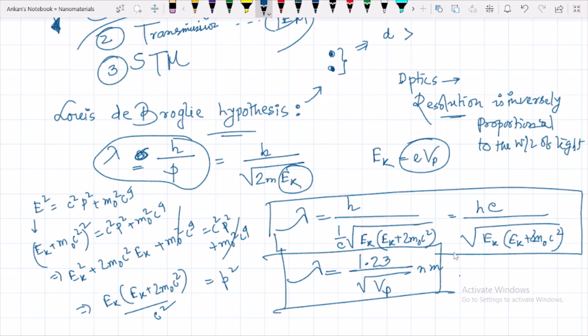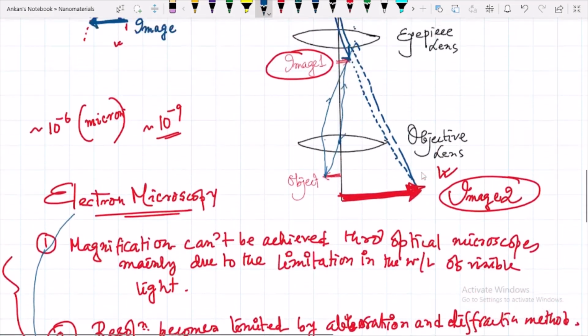When d is much greater than the wavelength of the corresponding wave, particle nature dominates. But when d becomes comparable to the wavelength, wave nature dominates. So here, as d is much greater than the wavelength of the electron, particle nature dominates.